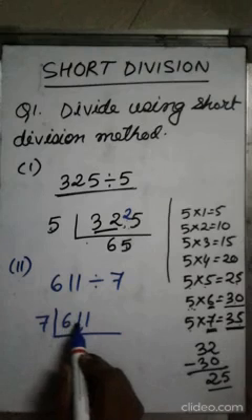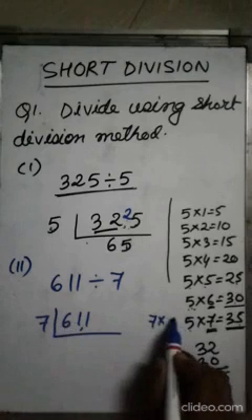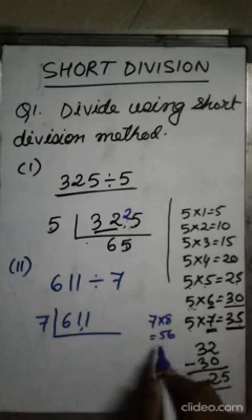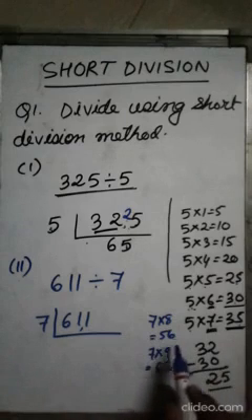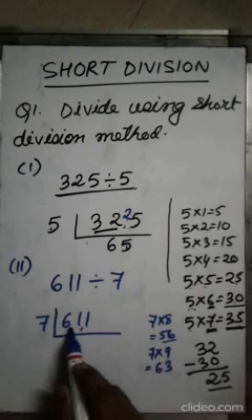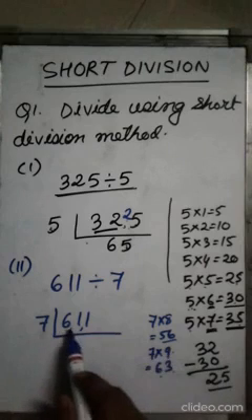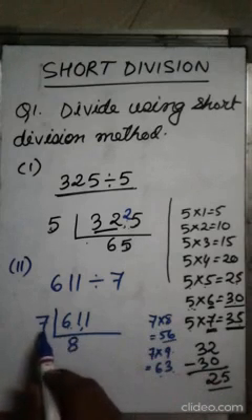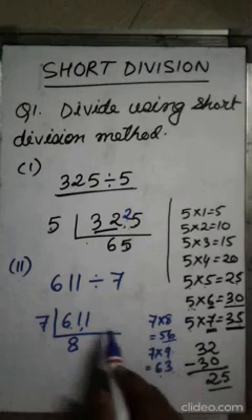It becomes 61. 7 into 8 is 56. 7 into 9 is 63. 56 is less than 61, but 63 is greater than 61. So I shall write 8 here. 7 into 8 is 56.